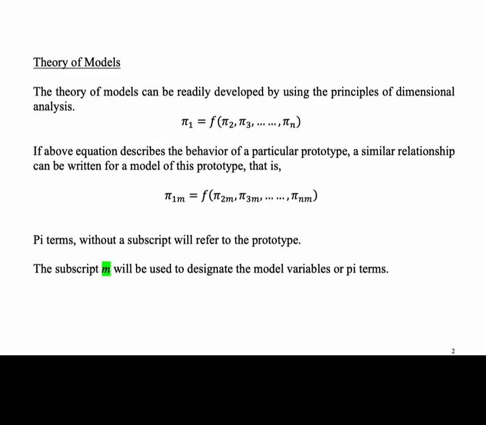Theory of models. The theory of models can be readily developed by using the principle of dimensional analysis. So we need to write this term, we call it pi1 is equal to a function of, where the f here we call a function of.